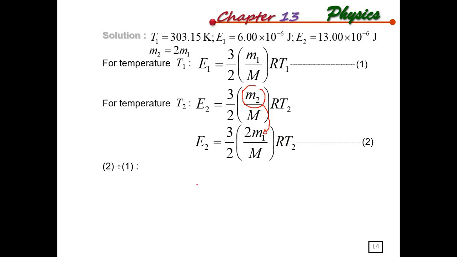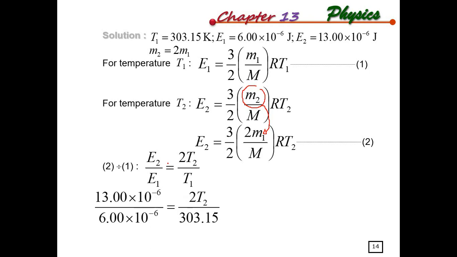By equating these two equations, E2 over E1 equals 2 times T2 over T1. So we get the final temperature T2 equals 328 Kelvin. So here's the answer for question B.